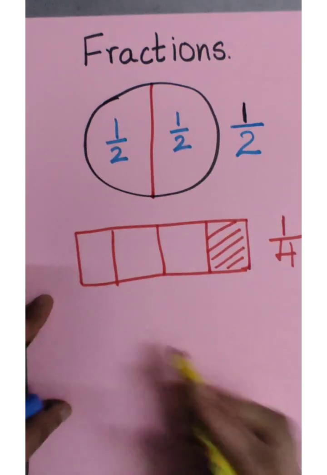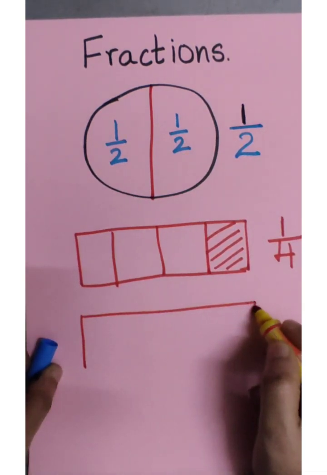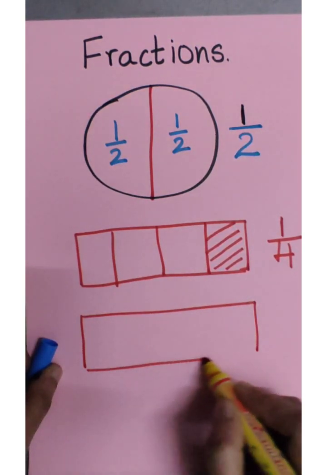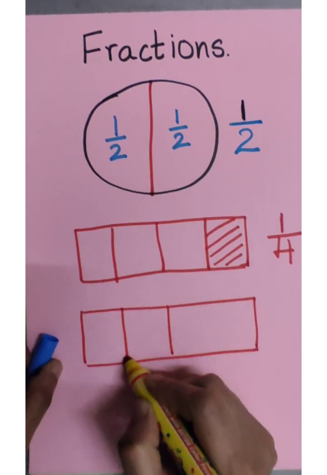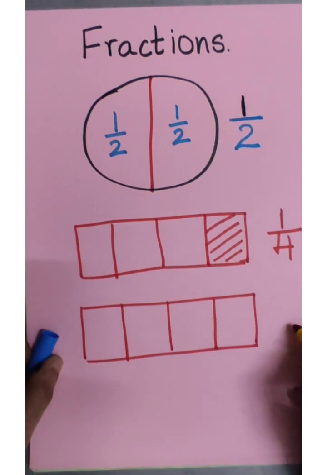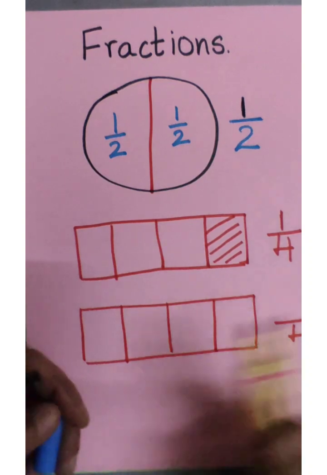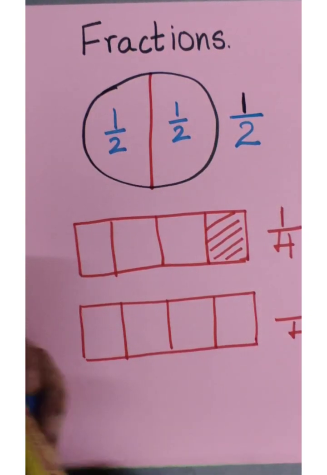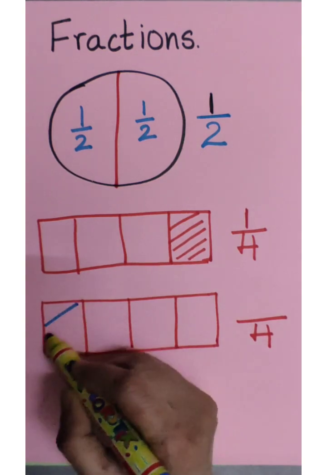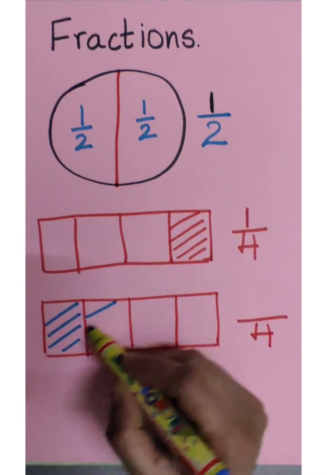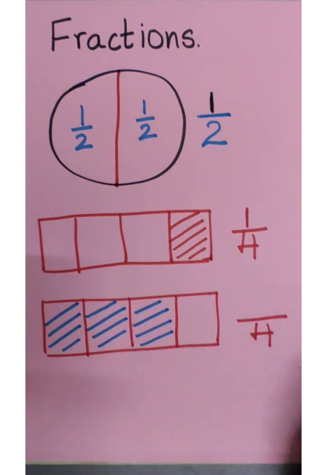Suppose I have another piece of cake. I divided the cake into 4 equal parts. So I made it into 4 equal parts, and from those 4 equal parts I gave 3 parts to my friends.